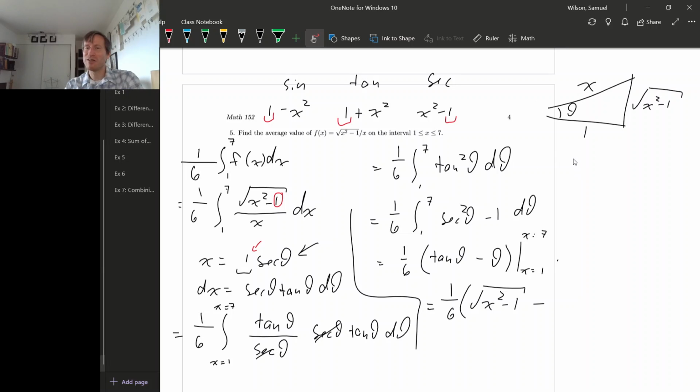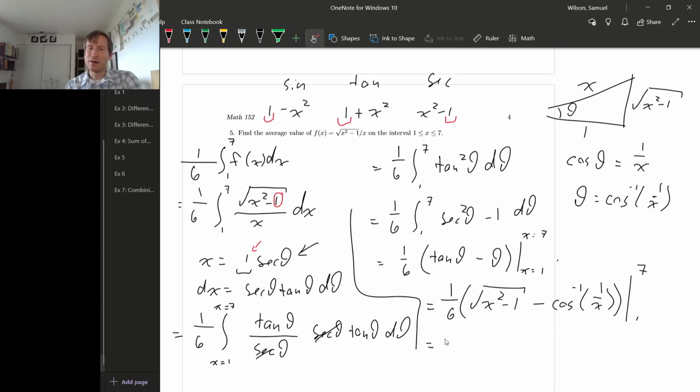Using this triangle, cosine of theta is 1 over x, and that means that, taking inverse cosine, theta is inverse cosine of 1 over x. And this is from 1 to 7.